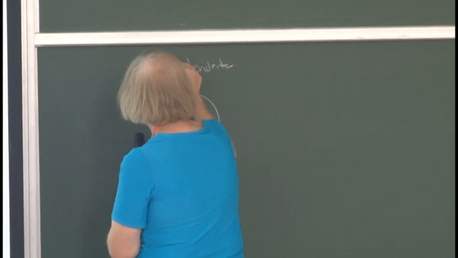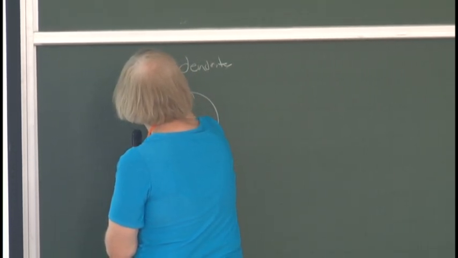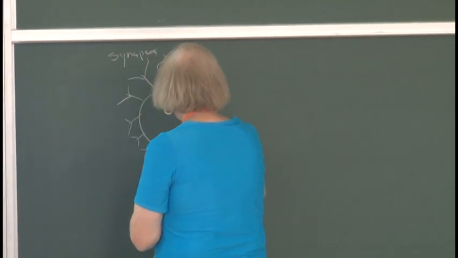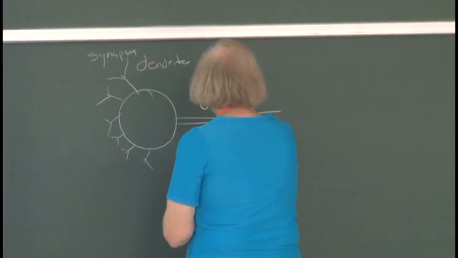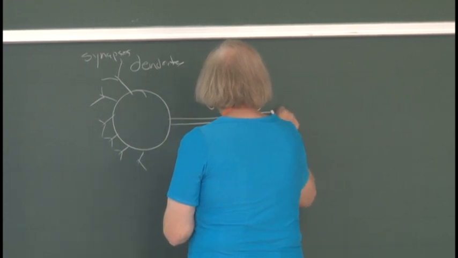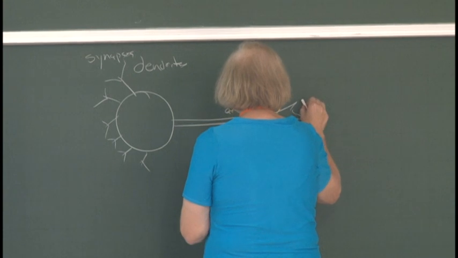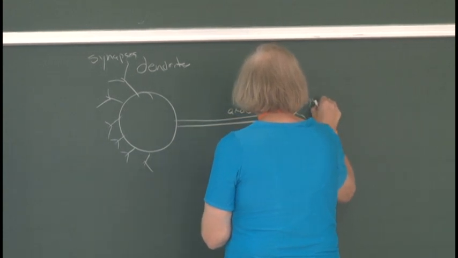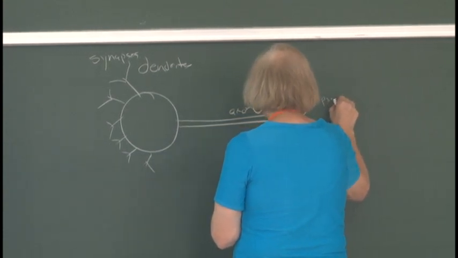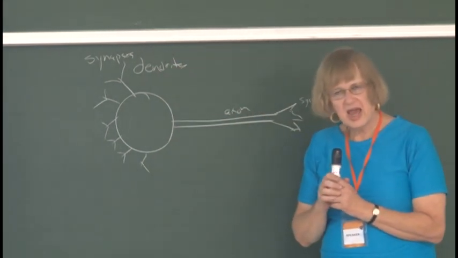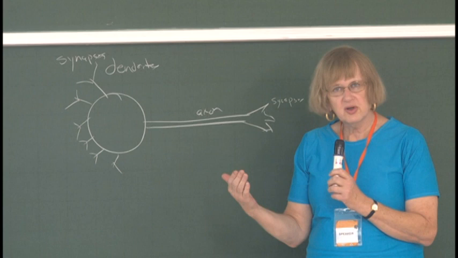And the individual connections are known as synapses. Axon. And at the other end, we have dendrites that go out to the other side of the synapses. Okay? So the synapse is a connection between two neurons.